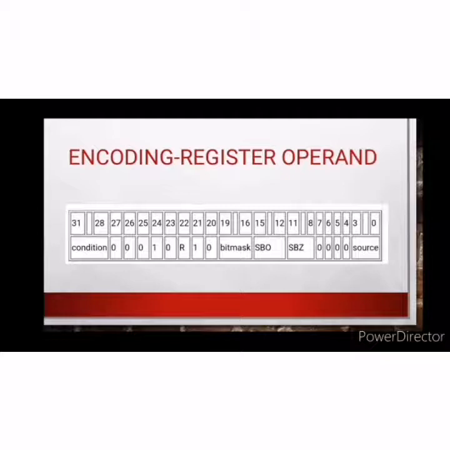It's the same as the previous slide, the encoding immediate operand, but this is the encoding register operand. I think the difference of this encoding is the value SBZ and SBO and the bit mask.